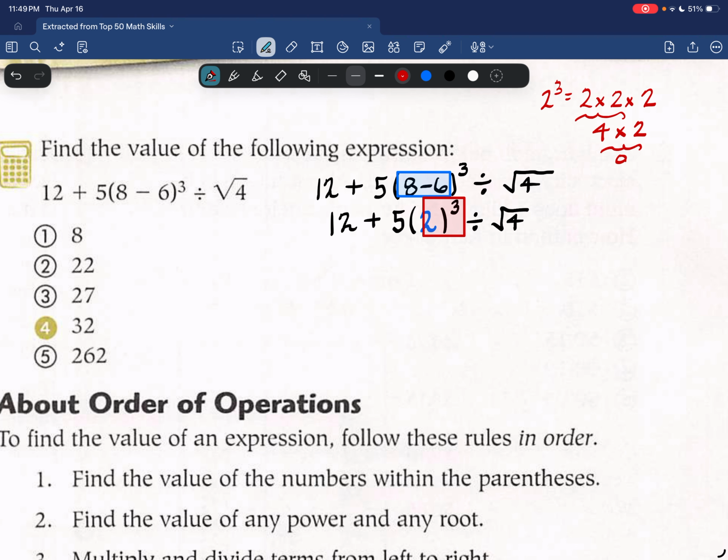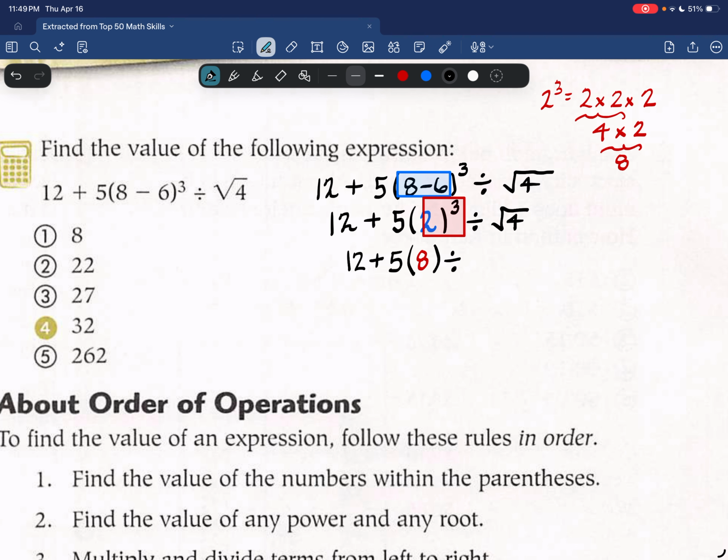That is 8. So I'm going to keep my parentheses because, again, I don't want 58. But I'm going to put that 8 right there in this space. Okay. And then I will copy everything else. Each time you copy, you're getting a smaller problem.